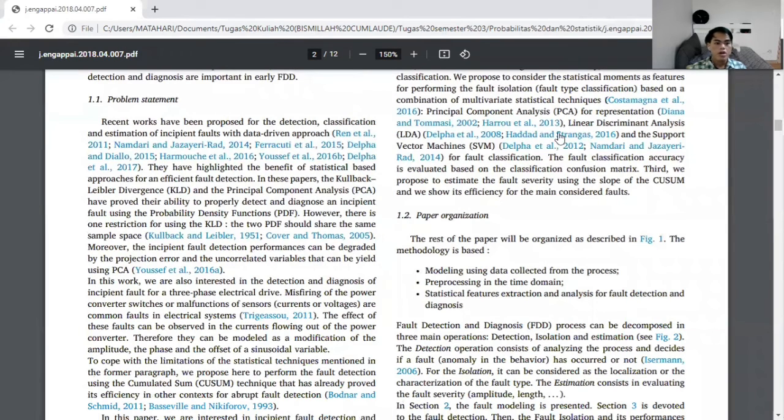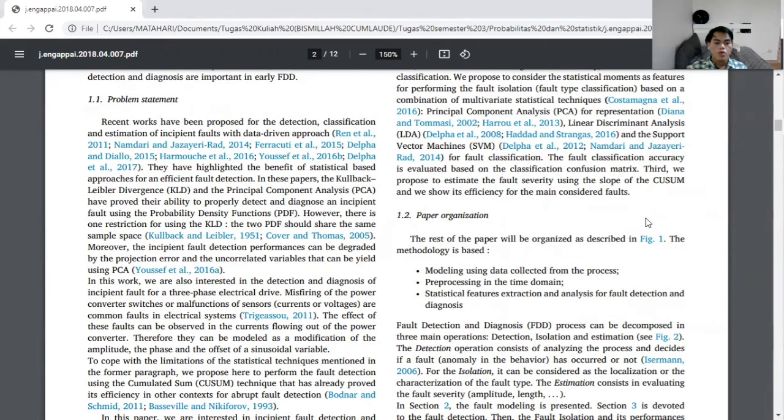However, there is a restriction for using the KLD. The two PDFs should share the same spatial sample space, by the projection error and the uncorrelated variable that can be yielded using PCA.